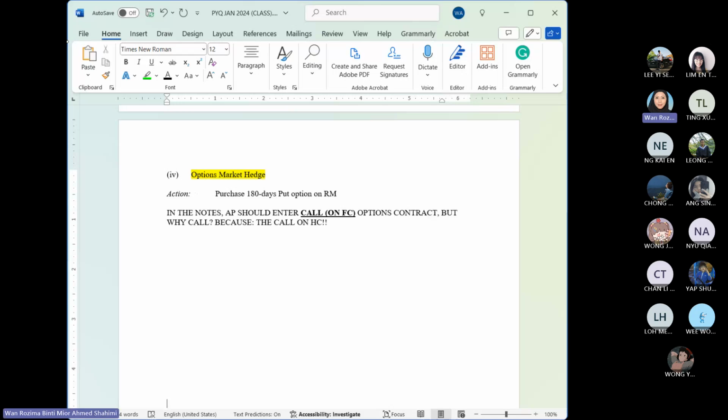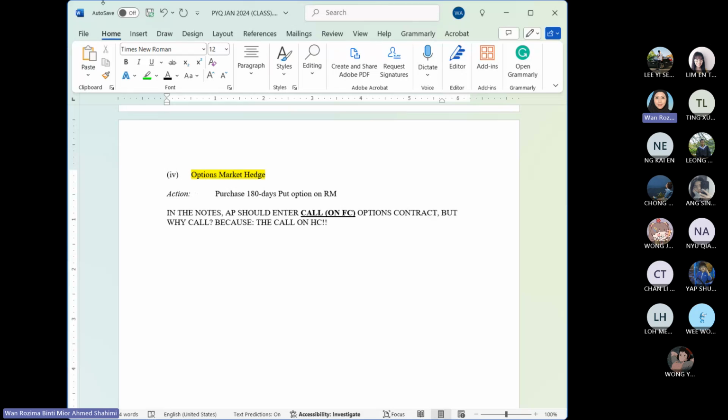It's quite obvious that you can see from the notes. However, please remember to check call option in foreign currency. Then you can rely on call option. Meaning to say our foreign currency is euro, so by right we should take call options on euro.